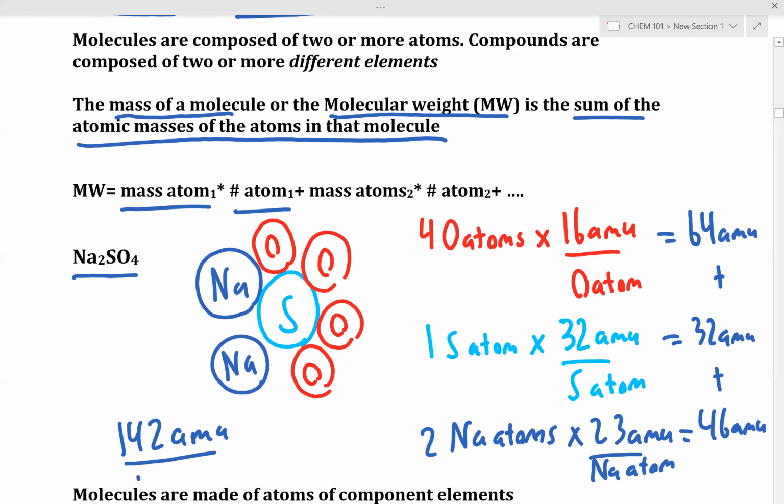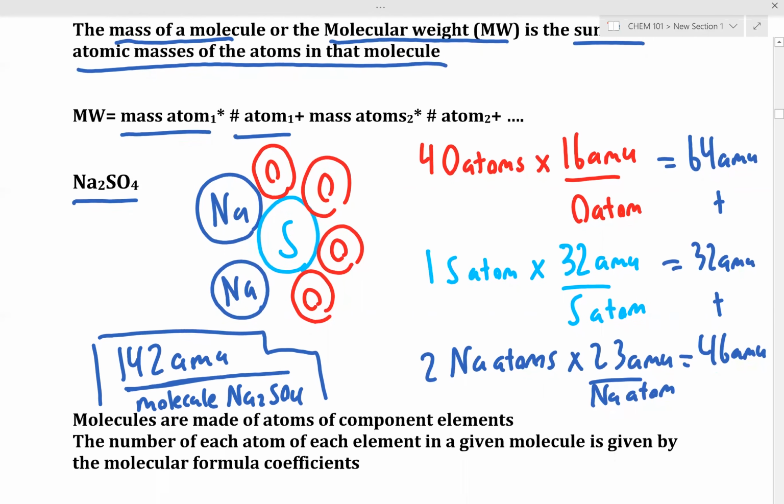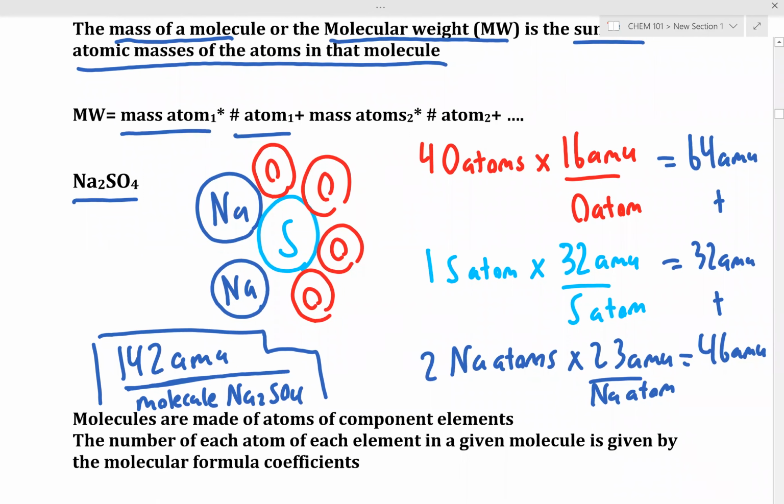So this is AMU per molecule of, let's be specific here, of sodium sulfate. There we go. So this is how you calculate, and let me zoom up a little bit, the molar mass or molecular weight, and the units are AMU per molecule.